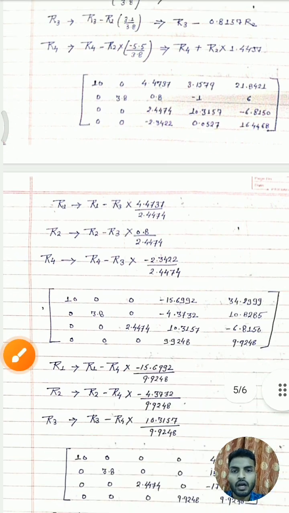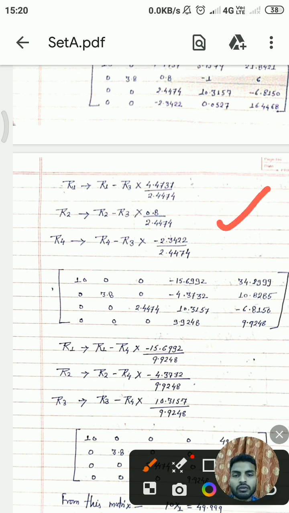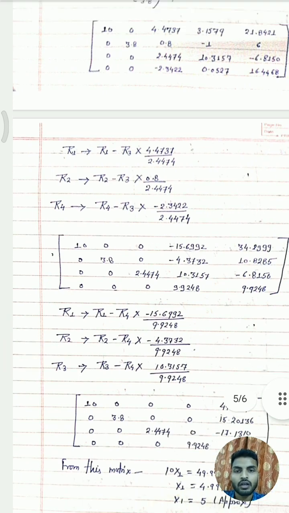R2 equals R2 minus R3 times 0.8 upon 2.4474, and R4 is R4 minus R3 times minus 2.3422 upon 2.4474. After solving the equation, we get this matrix.